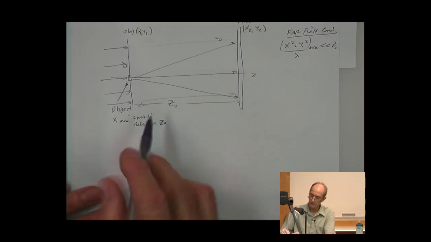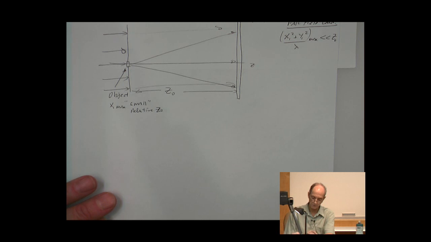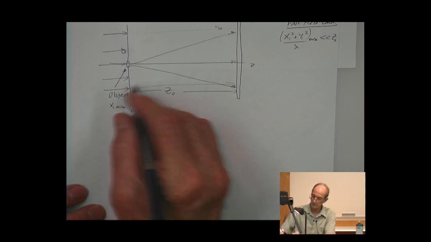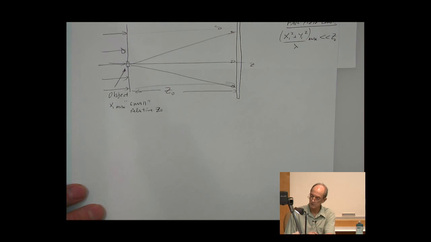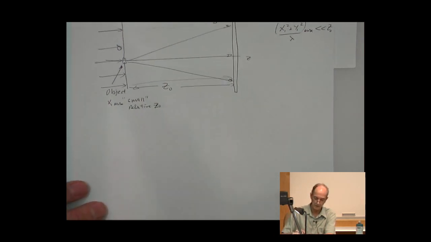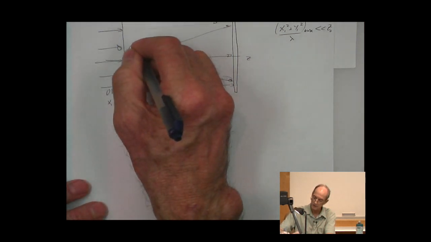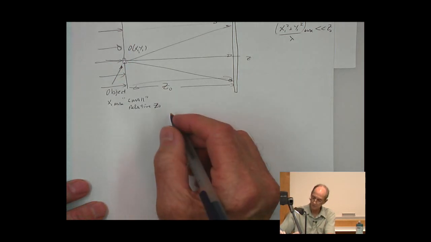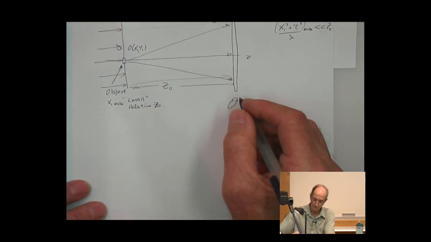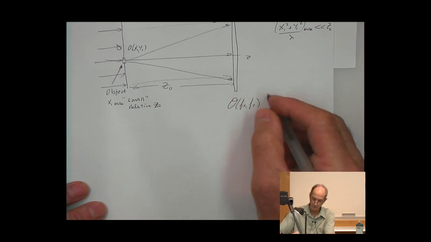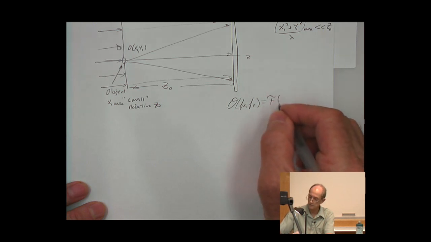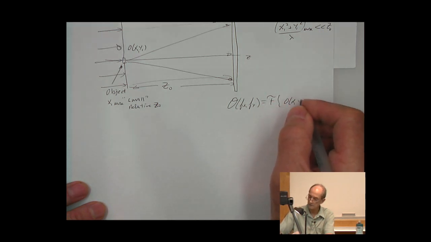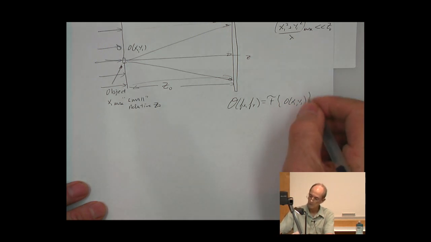So now, with this, we can say that we have the far field, or the Fourier transform really, of this object distribution. So if we have O of x1, y1 out here, in the Fourier transform plane we're going to get the Fourier transform of that, with fx as the primary functional field, which again is just the Fourier transform of that O of x1, y1.